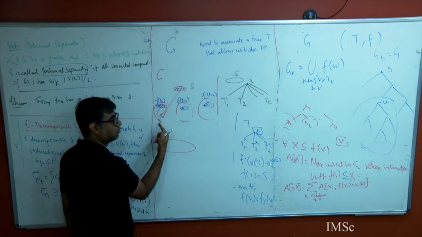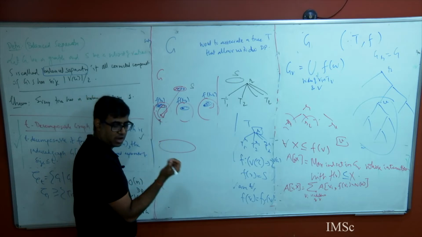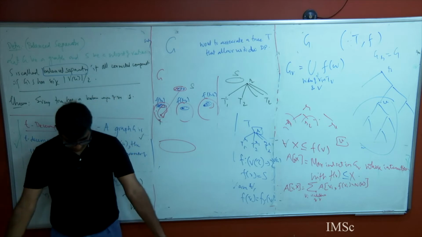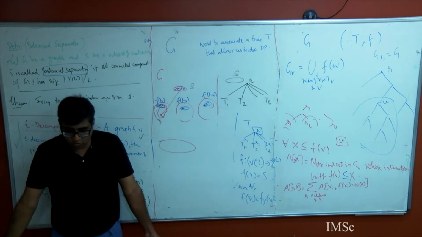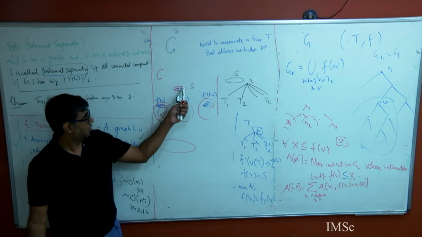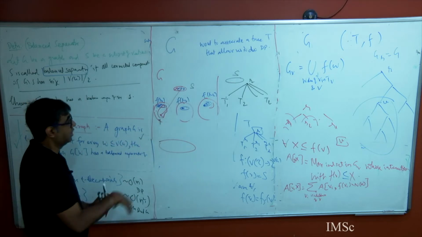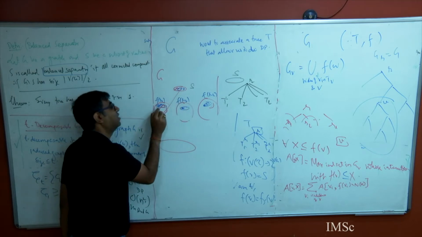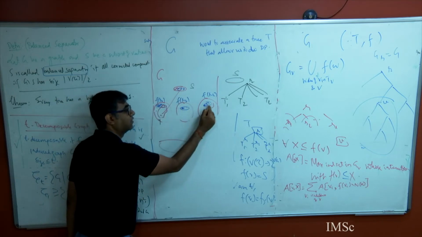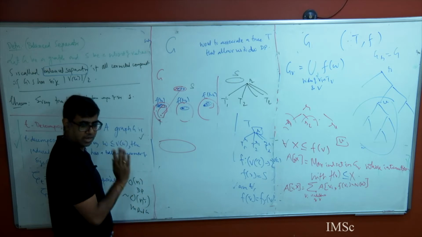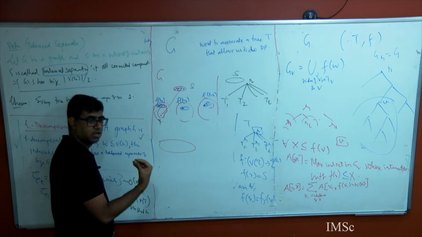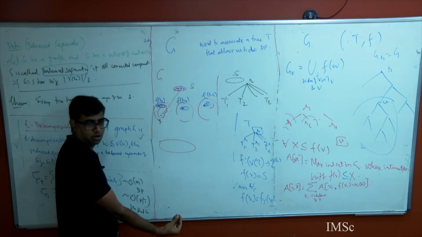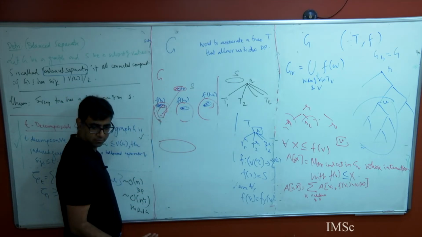I have absolutely no control over what f of Ri is storing. So if I locally optimize that, it very well could contain a vertex from the neighborhood of x. All I am saying is that this independent set does not contain a neighbor of x that is contained inside this little bag, this little bag, this little bag. That is all that it is saying. It never tells me that it will not contain a neighbor of x which is outside these little bags, because I have absolutely no control over how these bags are.